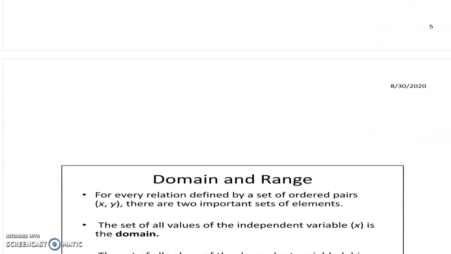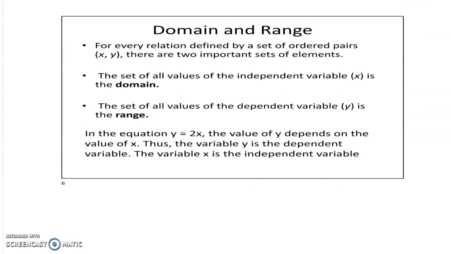So let's look at the domain and range, and that's kind of what I was getting at a while ago. The x values are your domain. Just fancy words, we just have to learn the terminology. And it is our independent variable, because when we plug into an equation, we normally start with x. So x is our independent.